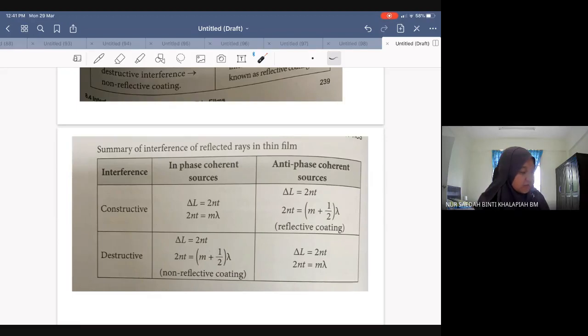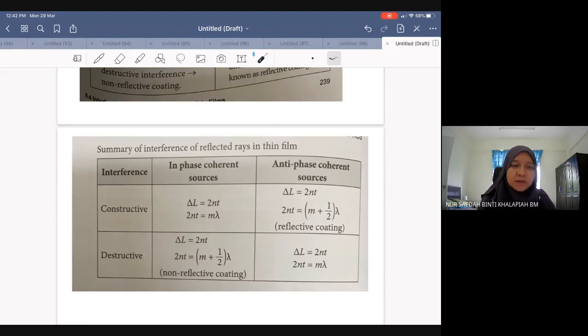Pertama, to identify the occurrence of phase change. So ada tak phase change? Kan phase change hanya berlaku bila incident ray kita from a lower index refractive to a higher index refractive, baru ada perubahan fasa sebanyak pi radian.